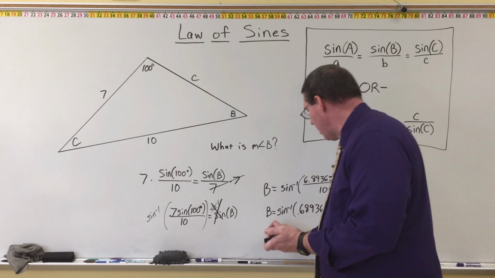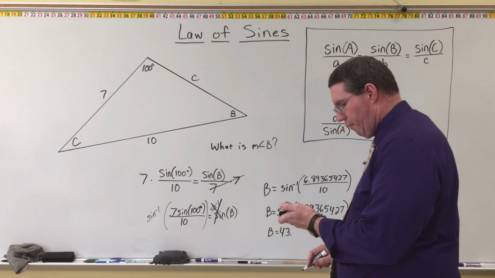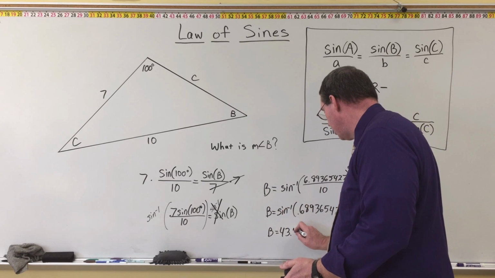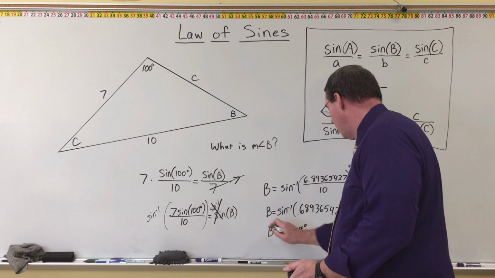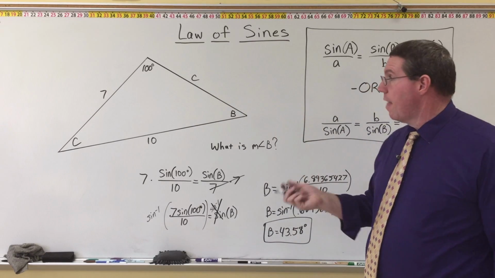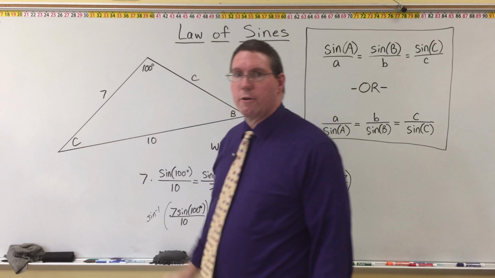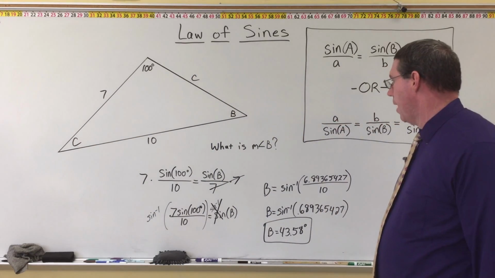And it gives me B is equal to 43, and I'm going to round to 2 decimal places, 43.58 degrees. So the measure of angle B is 43.58 degrees. Then that tells me that if I add this plus this and subtract it from 180, that'll give me angle C.